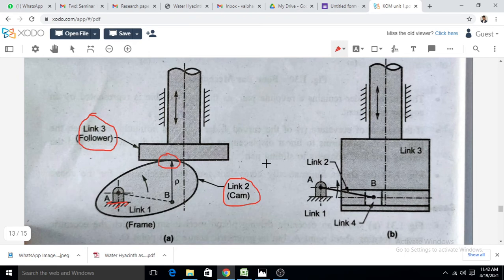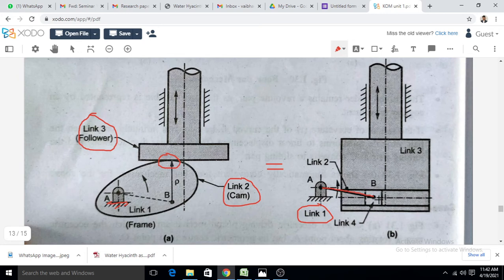So it is equivalent to this link mechanism. Here link 1 is the frame which is fixed. Link 2 is this crank, having a length AB.